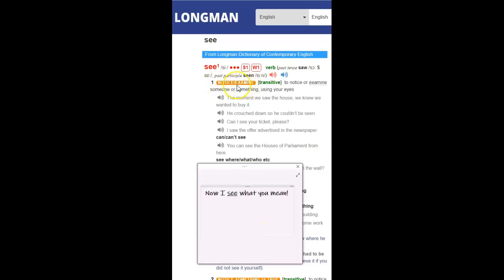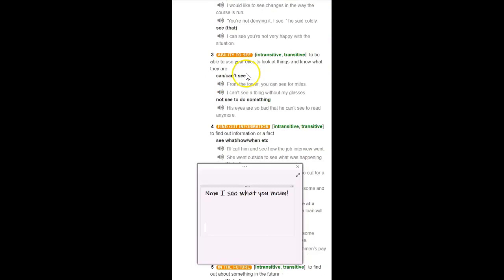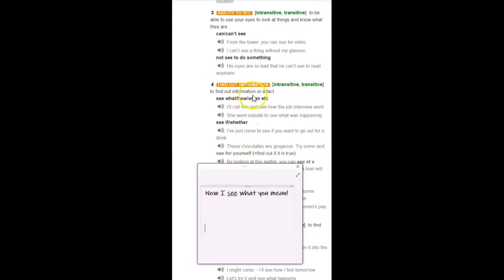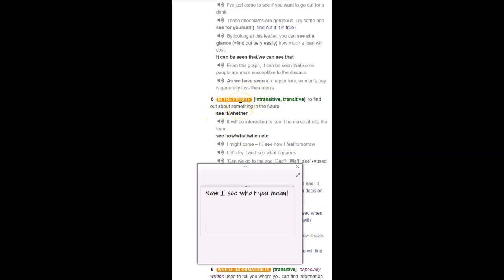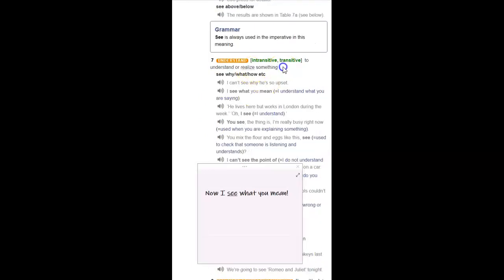So the first meaning is note, related to notice, examine, notice again, ability to see, find out information, in the future, no, not really, where the information is, not really, and then we have what we need: understand something, to understand or realize something.